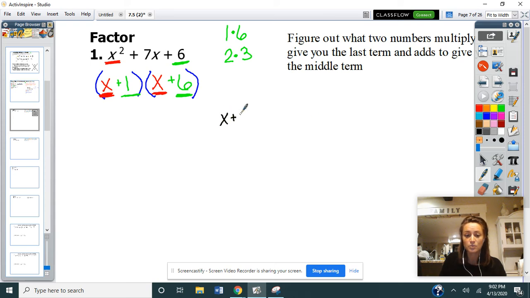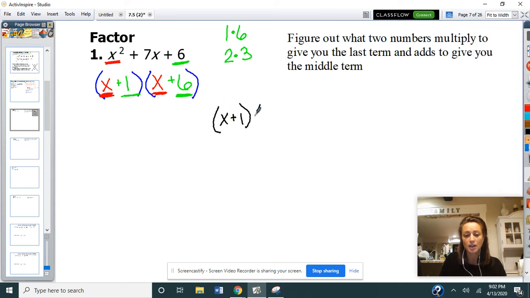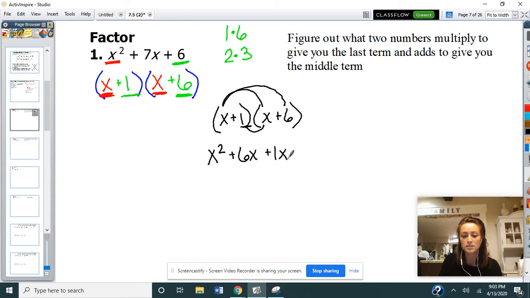X plus 1 times x plus 6. If you distribute or multiply it out, which you should do to check your answer, x times x is x squared. Distribute the x to the 6. X times 6 is 6x. Then you distribute 1. 1 times x is 1x, or just x.